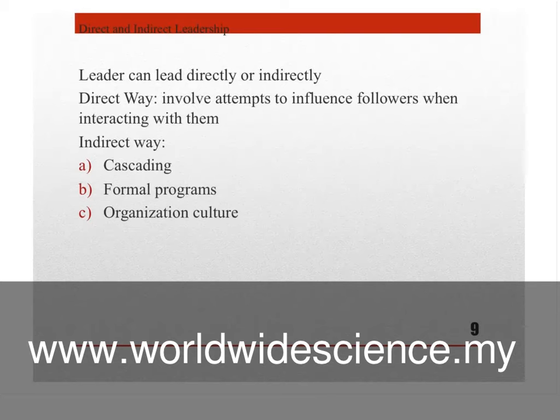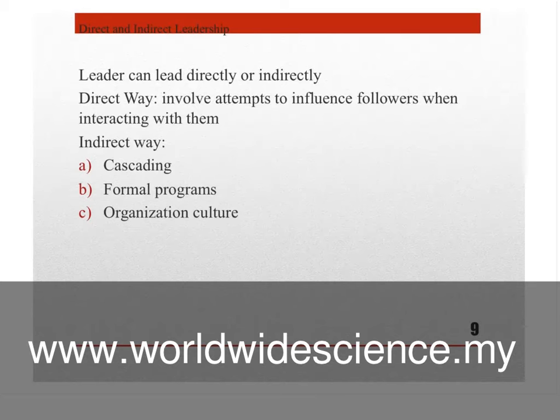Because if you say, okay, I'm indirectly communicating with them, so if I don't get what I want, or I get something different from what I want, it's okay, which is not true. You have to be able to indirectly influence your employees the same way that you could influence them directly. You have to use the strategies.